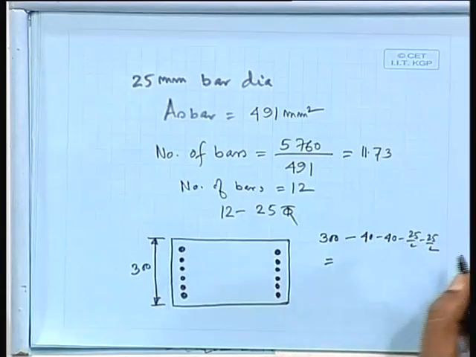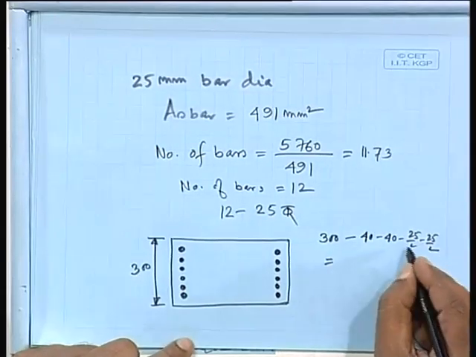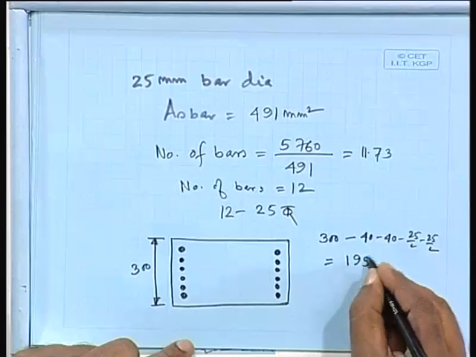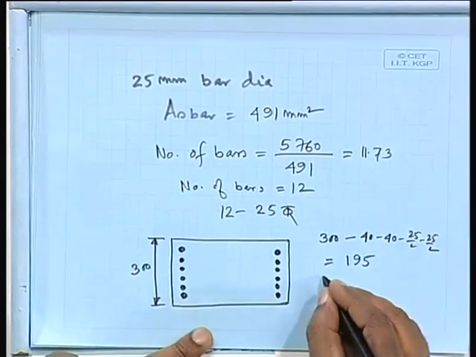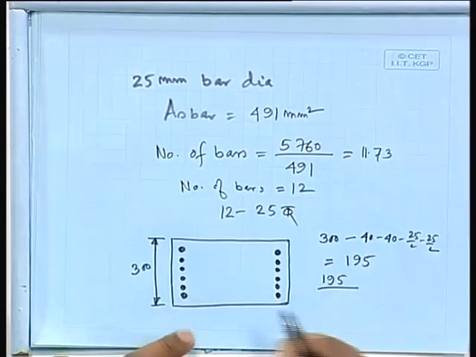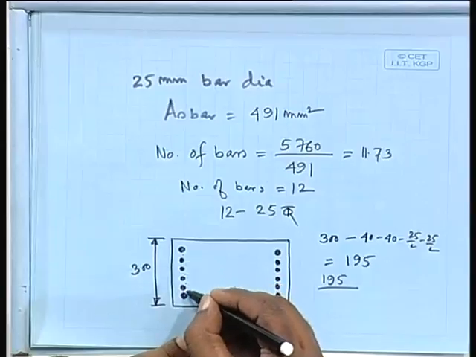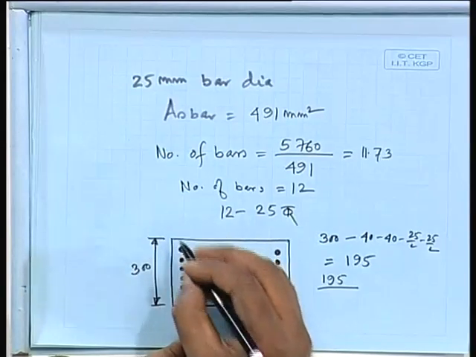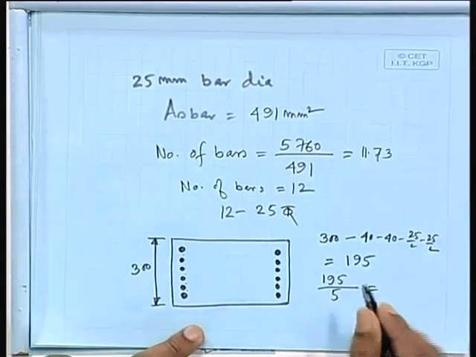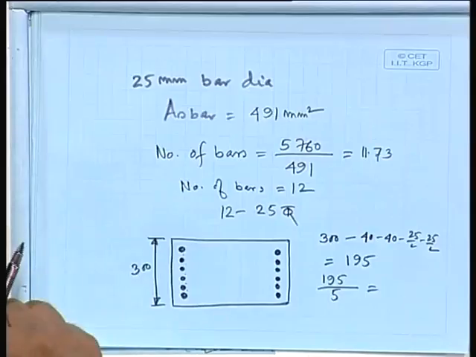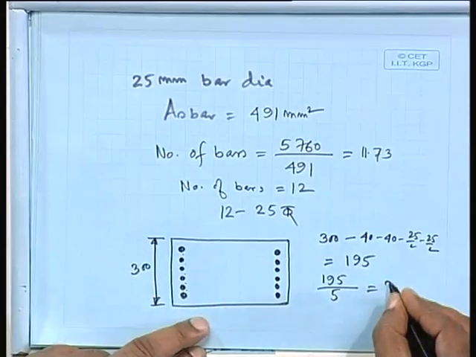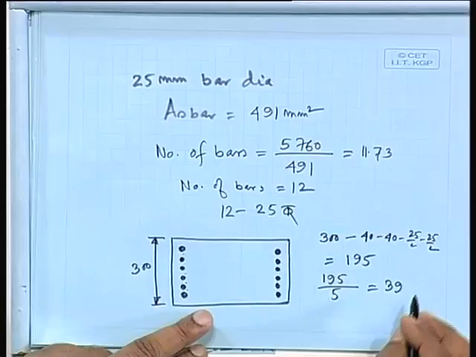So we get here 195. Okay. Now 195 divided by 1, 2, 3, 4, 5. There are 5 gaps. So 39 millimeters.